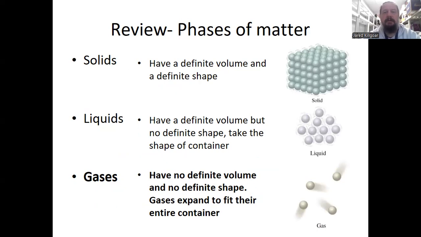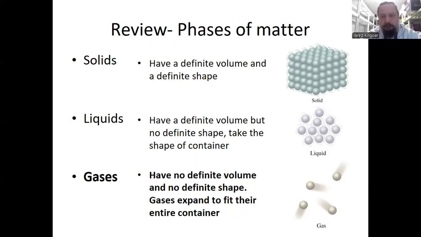It'll take the shape of the container. A gas is very different. Gases are very different from solids and liquids because they don't have a definite volume and they don't have a definite shape. They expand to fit their entire container, no matter what the container is. If it's a room or a jar or a flask.